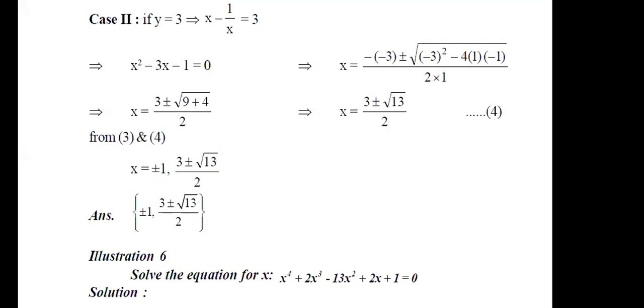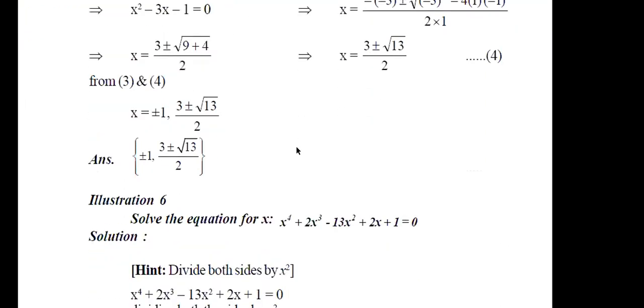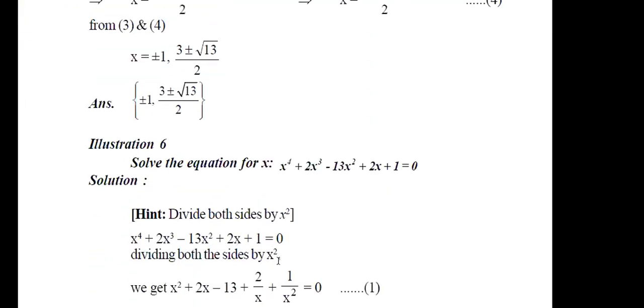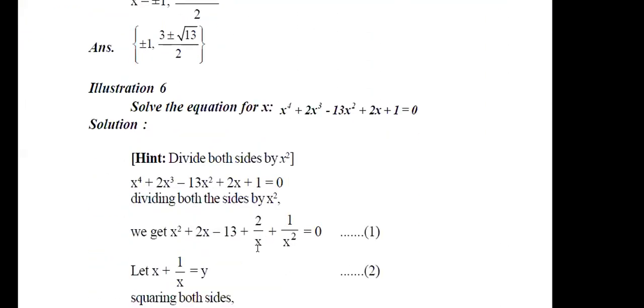Okay. So divide both sides by x square. If we divide both sides by x square, what will we get? We'll get an equation similar to the previous one. Yes or no?